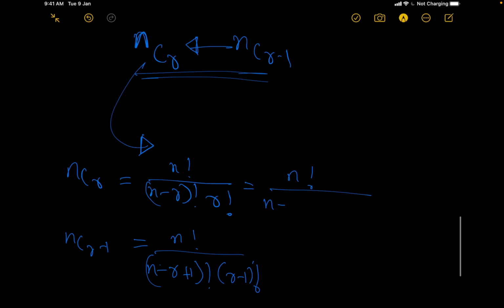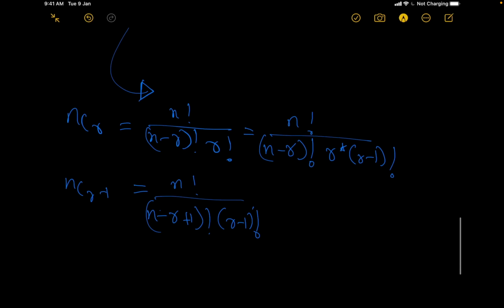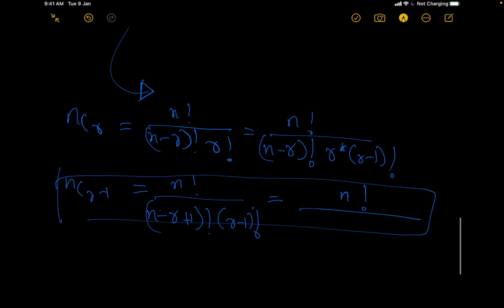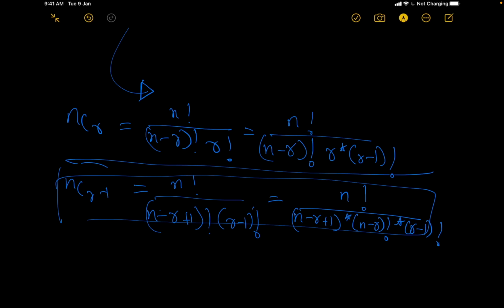So this particular term would now become n minus r plus 1 into n minus r factorial into r minus 1 factorial.